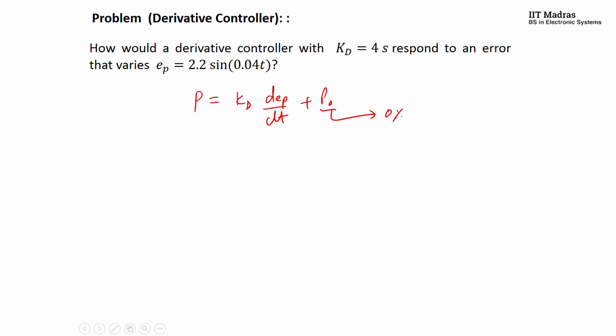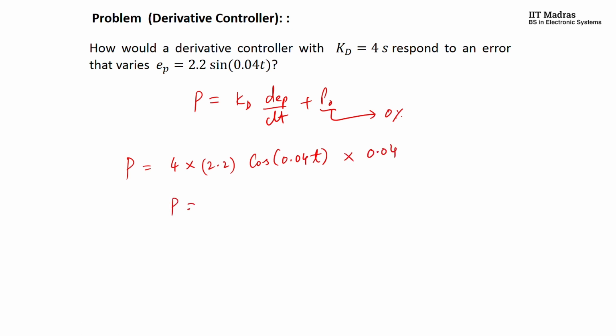Okay. Now how do I do this problem? It's quite simple compared to the problem before. You just have to multiply 4 into de/dt. So this sinusoidal signal, sine, becomes cosine of 0.04 t, into the internal factor 0.04.